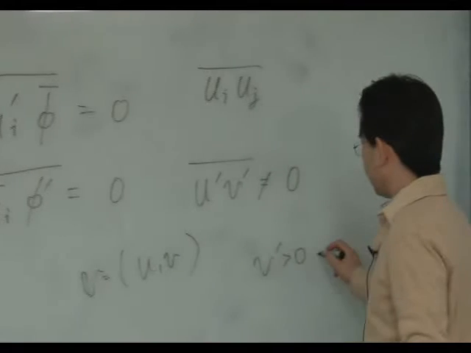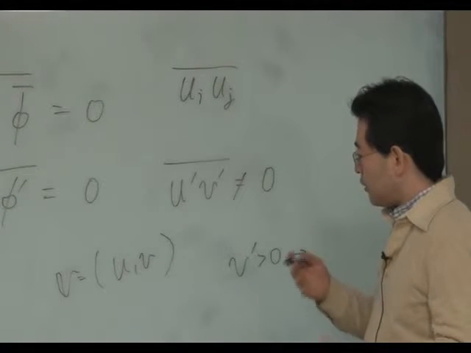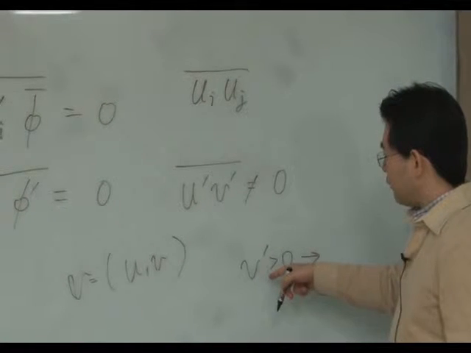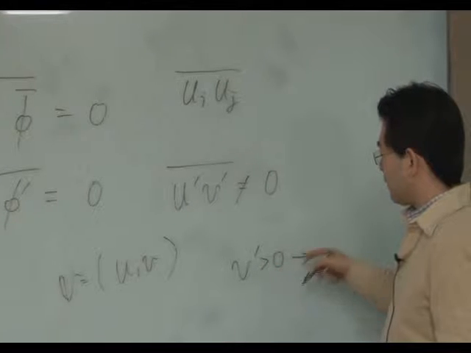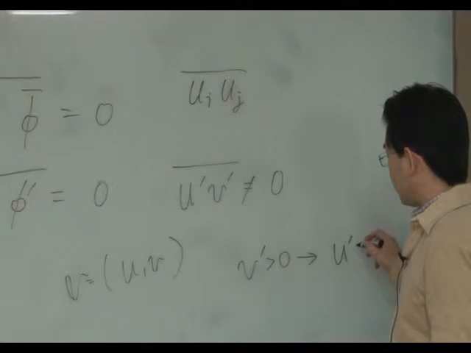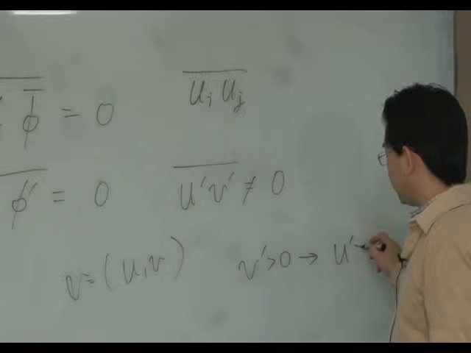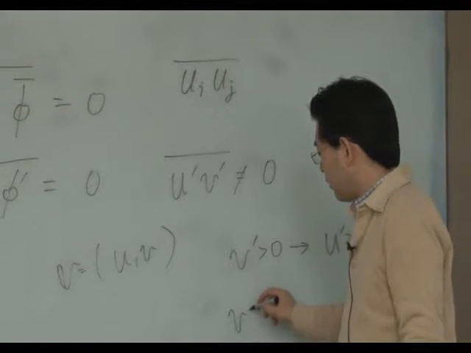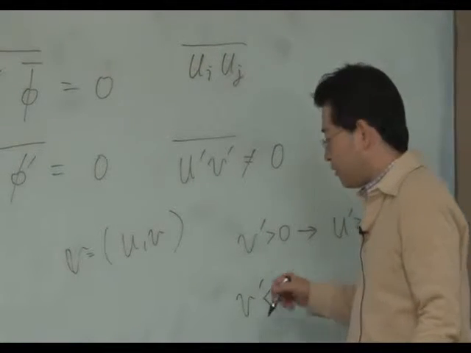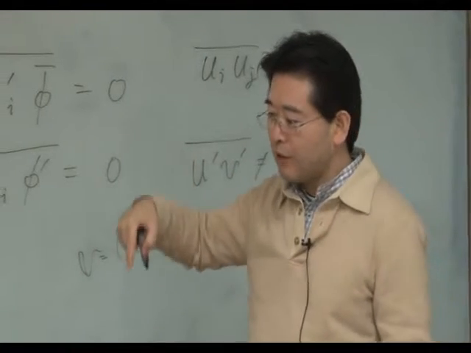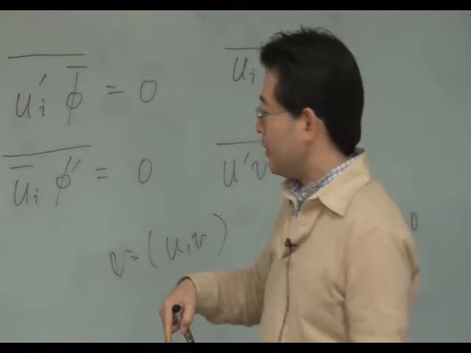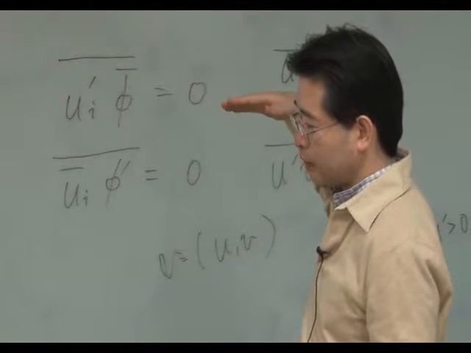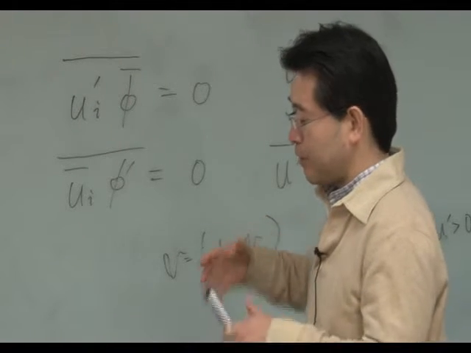So in the situation of turbulence, if v prime is positive, it has some tendency that u prime will be also positive. And also, if v prime is negative, it indicates fluctuation of going down. It indicates higher speed velocity will go into the present place.